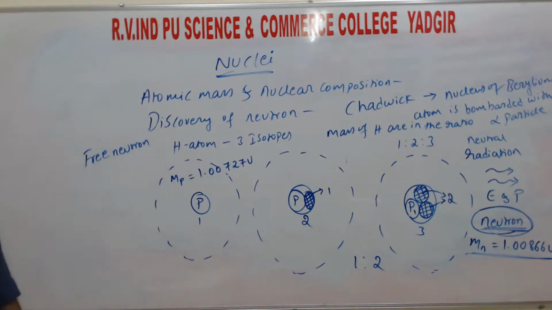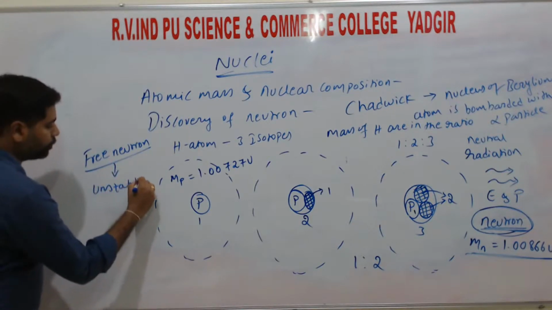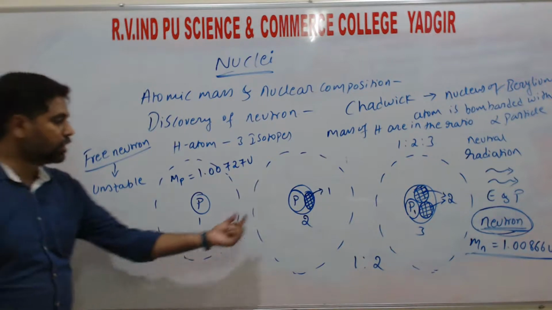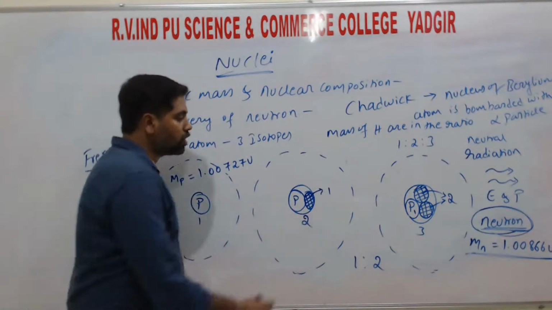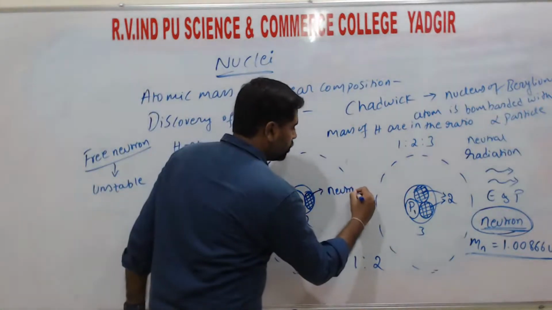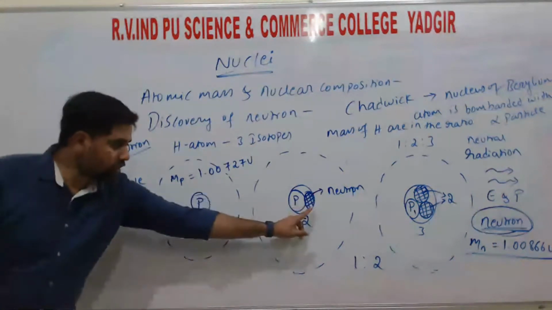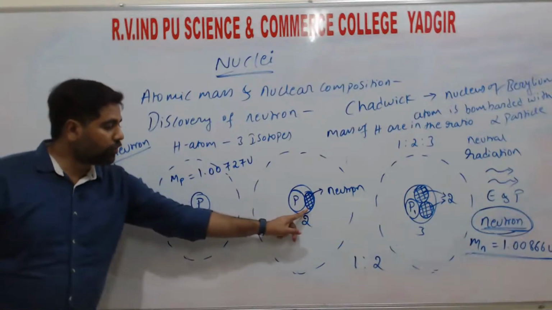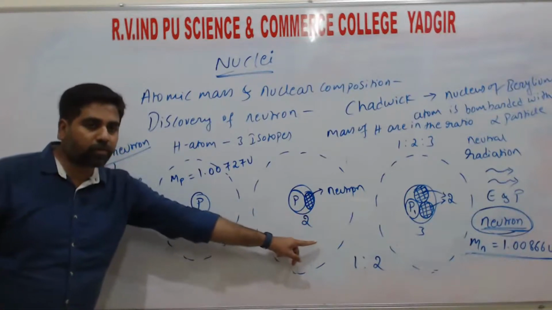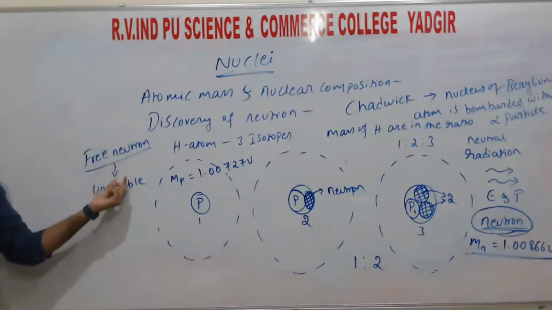These free neutrons are unstable in nature. Here we concluded that the extra mass present in the deuterium atom is the neutron, which is present inside the nucleus. If this neutron comes out from the nucleus, we call it a free neutron, and it is unstable in nature.